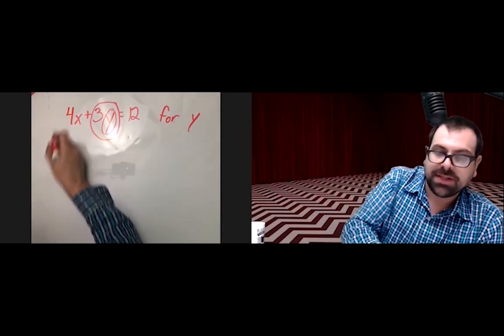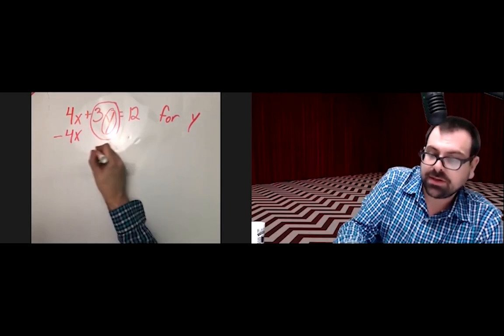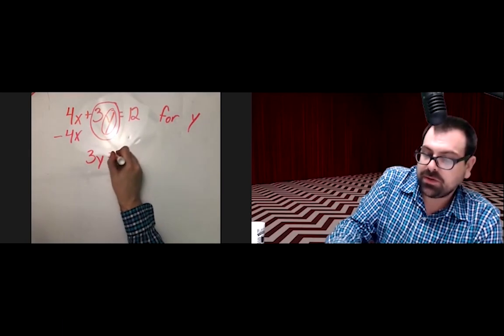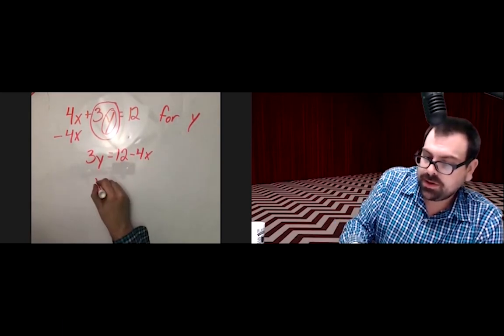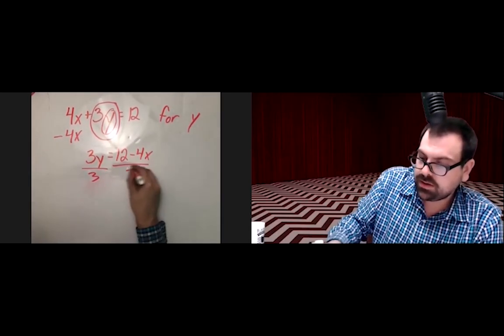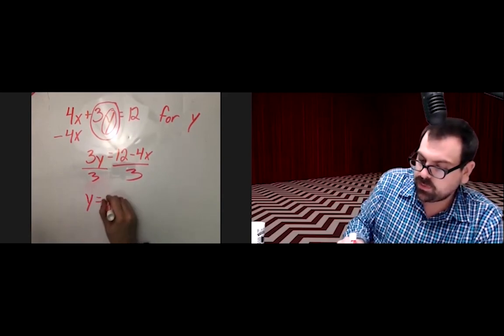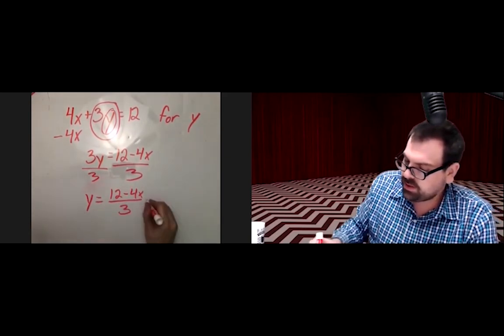To get rid of plus 4x, we would subtract 4x. So 3y equals 12 minus 4x. Divide both sides by 3.